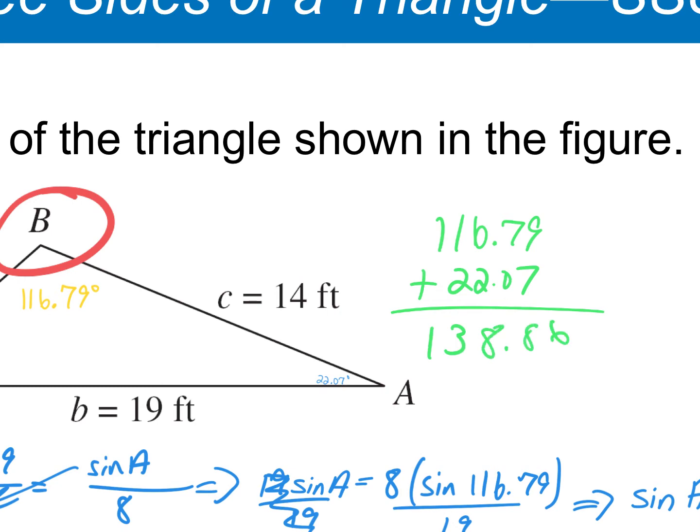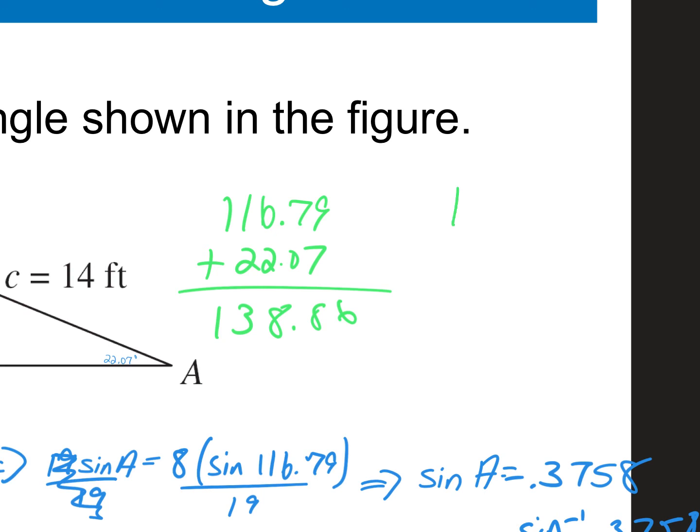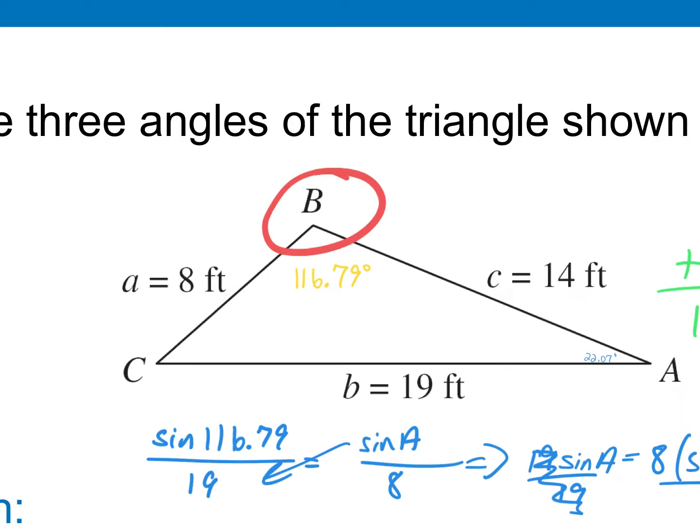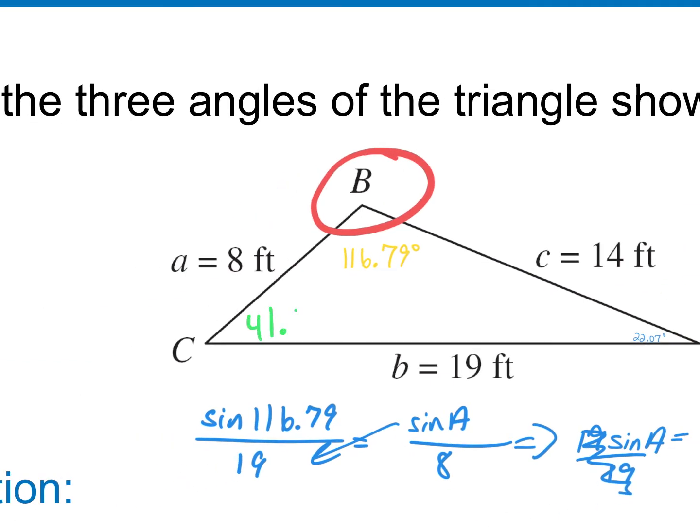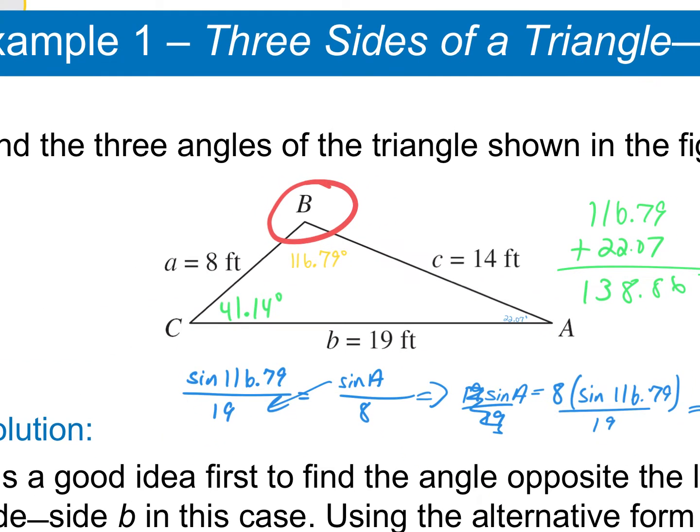Okay. And then I subtract 180 minus 138.86. How much? 41.14 degrees. So angle C is 41.14 degrees.